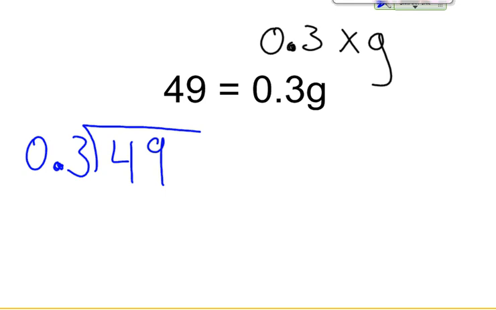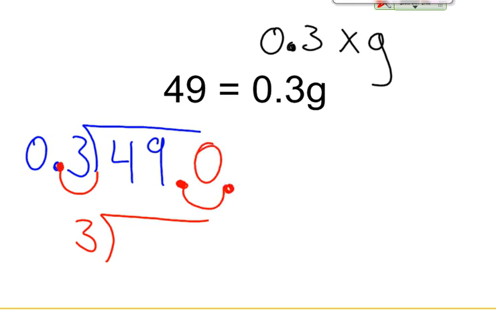What times 0.3 is going to give us 49. Now we're going to follow the rules, right? We have a decimal on the outside. We cannot have decimals on the outside, so we're going to move it over 1, and that gives us the number 3 then on the outside. And since I moved it over 1 on the outside, I got to move it 1 on the inside. So here's our decimal here, so I got to move it 1 that way, add a 0 like that, and really I'm now dealing with this number right here.